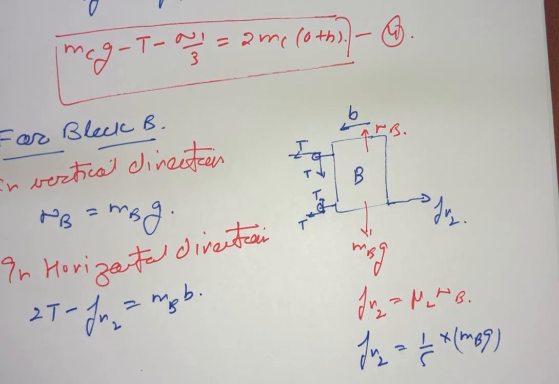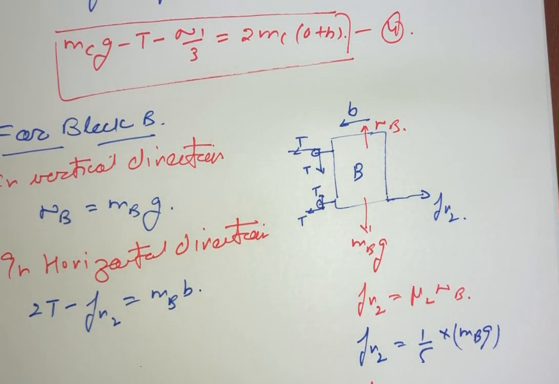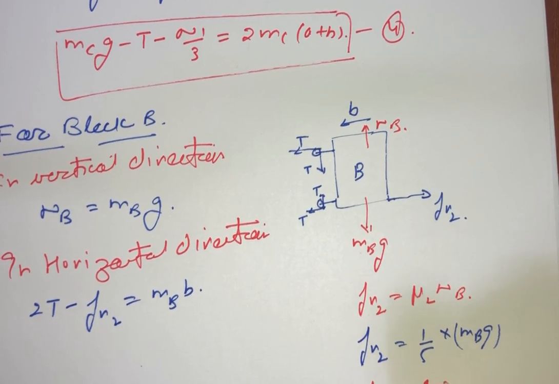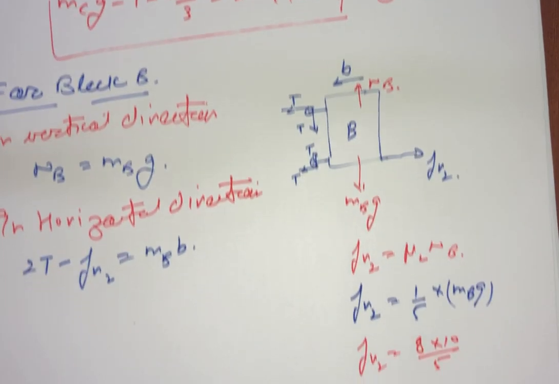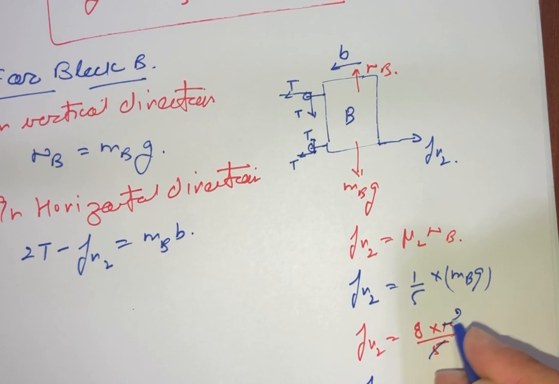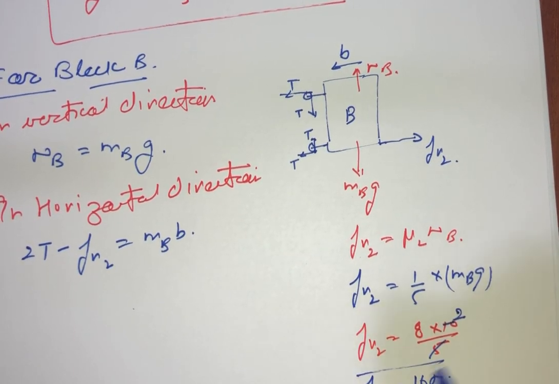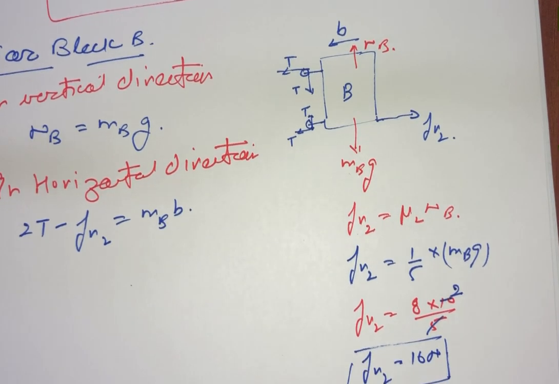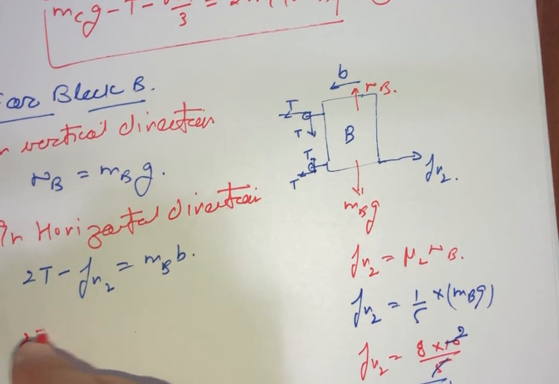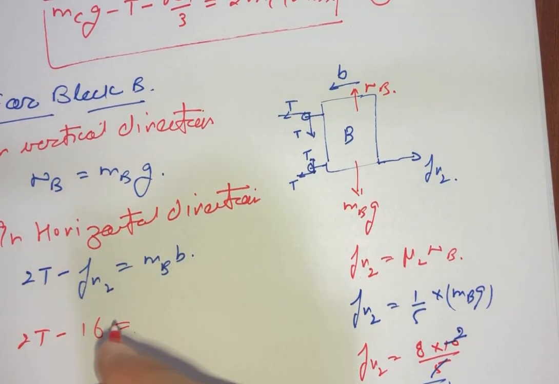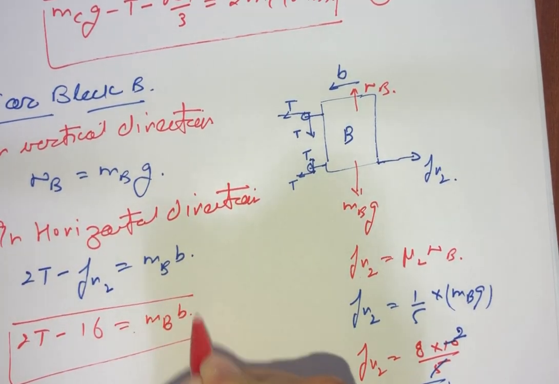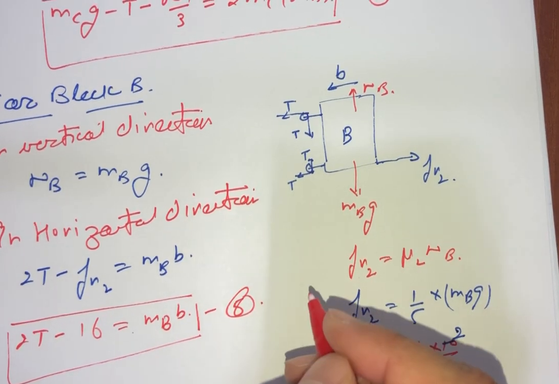Fr2 is equal to mB, which is given as 8 kg, g is 10 and this is 5, so we can say that our Fr2 is 16 Newton. So we put the value of Fr2 in this equation, so we get 2T minus 16 is equal to mB times b. Let us call this equation number 5.